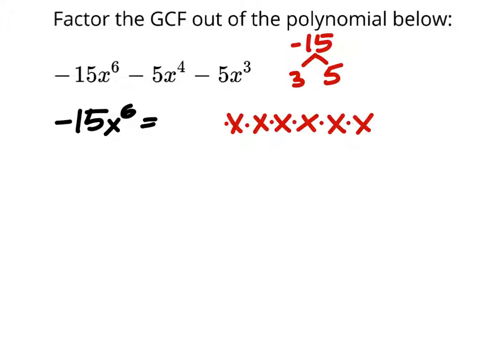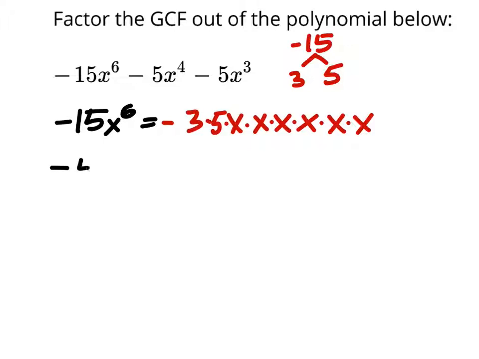I've got 3 and 5, but it's a negative value, right? So I'm going to separate the negative from the 3 and 5, just so I know that it's negative. Because if a negative is common between all three terms, then we're going to pull that out as part of the greatest common factor.